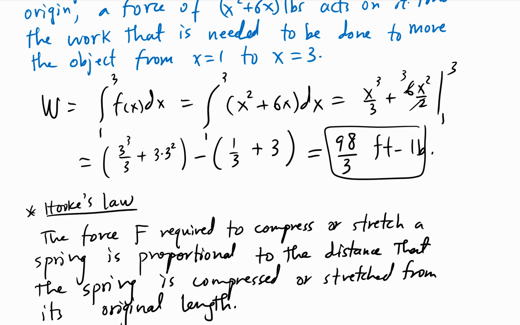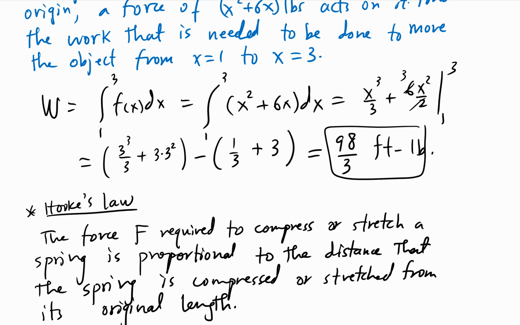So if you have a spring you put on the table, that's its original length. When you apply force to it, to stretch it or compress it, the force you are required to apply is always proportional.